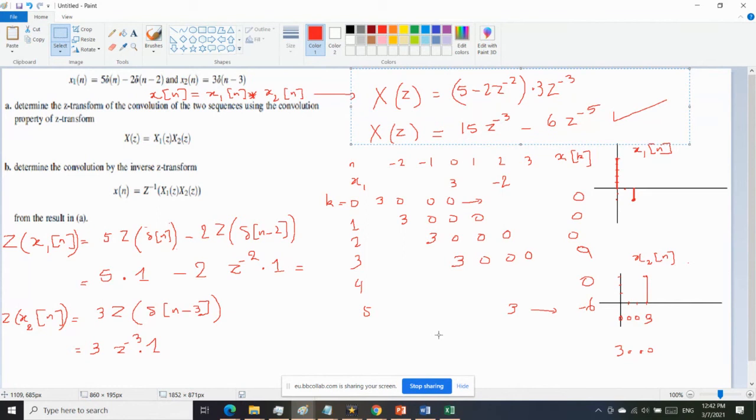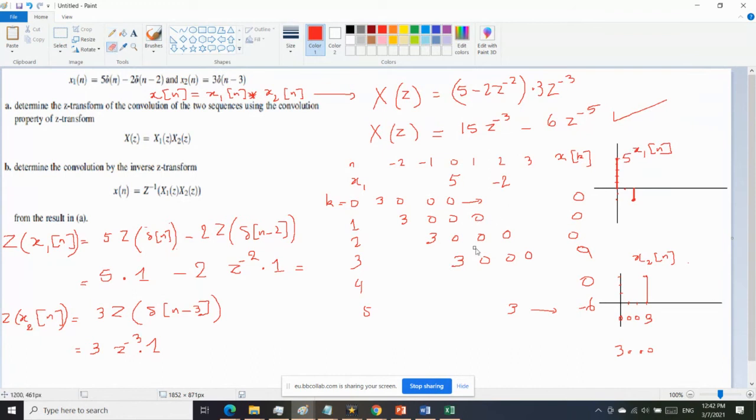No, it's 9, right? I'm sorry guys, I made a mistake here. It's not 3, this x1, what is it? It's 5. There is a mistake here, it's not 3, it's 5. Sorry for that. It's 5: 1, 2, 3, 4, 5.